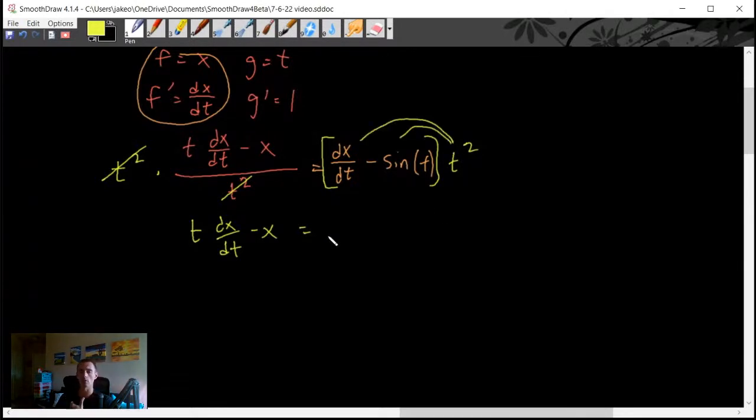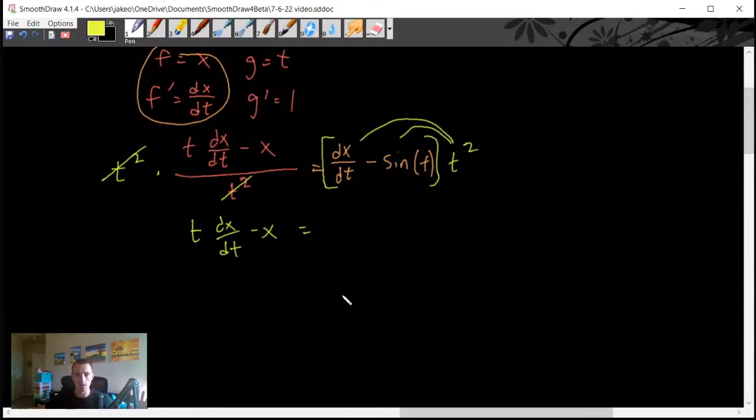So basically, as part of moving all the dx dt terms to one side of the equation and the non-dx dt terms to the other side, you want to think ahead. What you want to do first is typically expand your whole equation out. Get rid of all your parentheses, distribute those out, get rid of your fractions, multiply the denominator over to the other side.